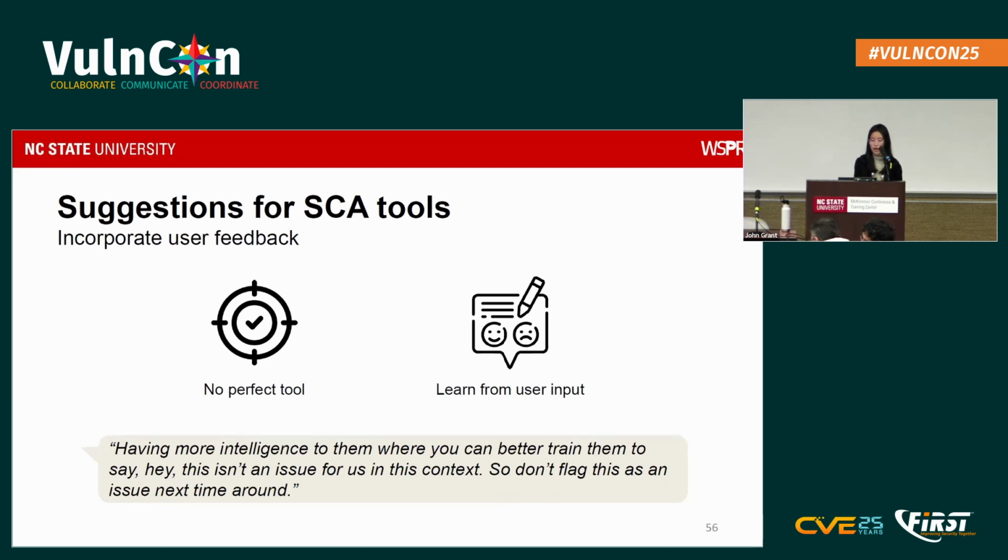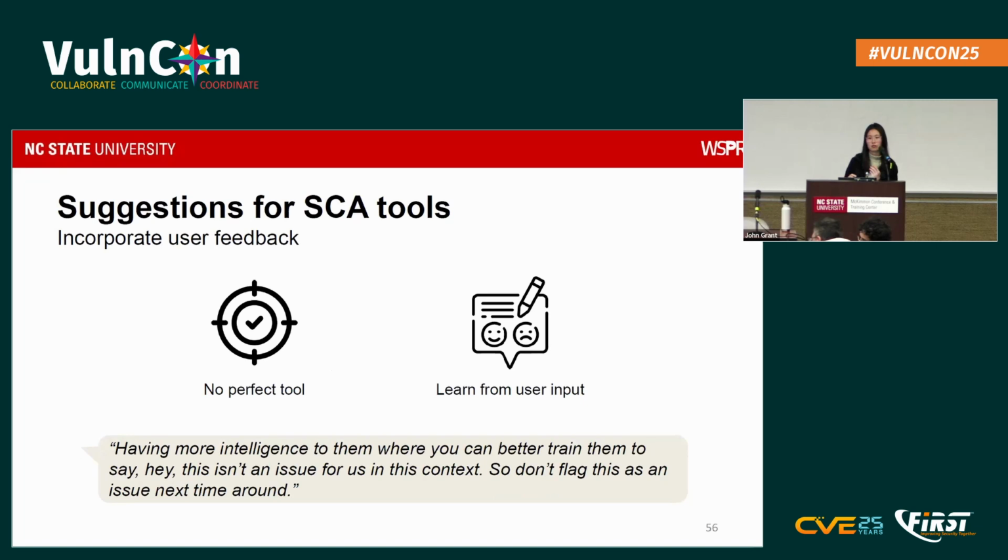Some other suggestions we had: we've observed that there really is no perfect tool. There is no perfect SCA tool for vulnerabilities. Tools will always make some kind of mistakes. So one of the things that could be improved or added in SCA tools is to learn from user input.